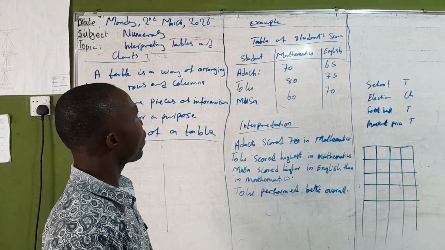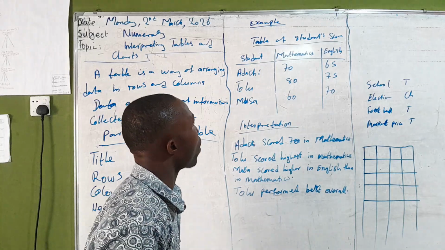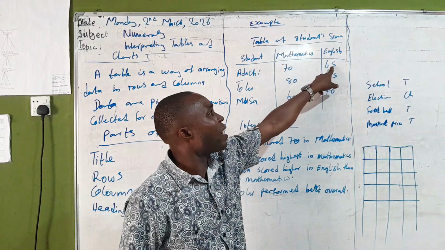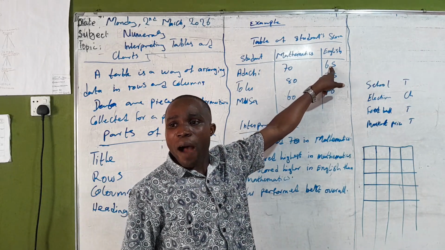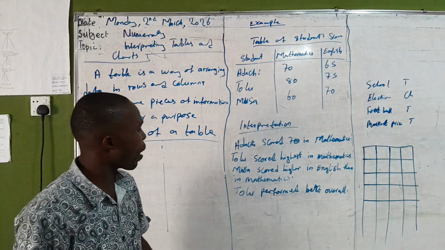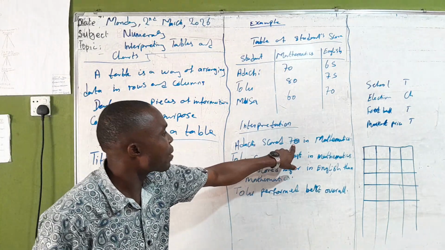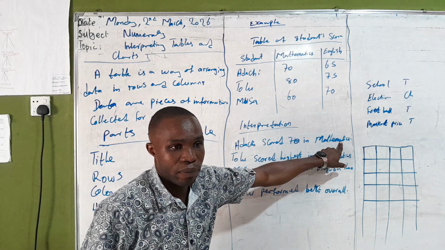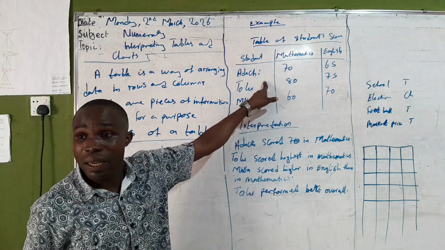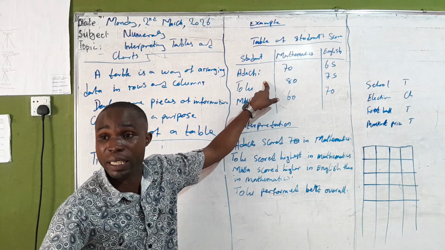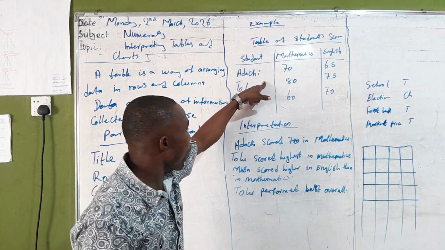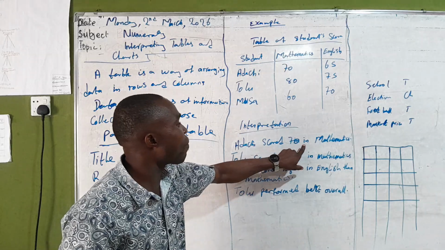Someone can say, Adachi scored 65 in English, or Adachi scored 70 in maths. But you got that information directly from the table, so you are not interpreting the table.